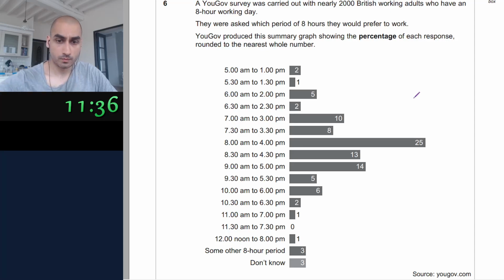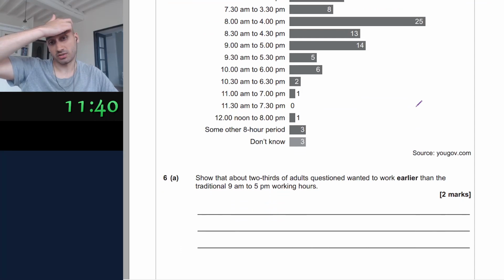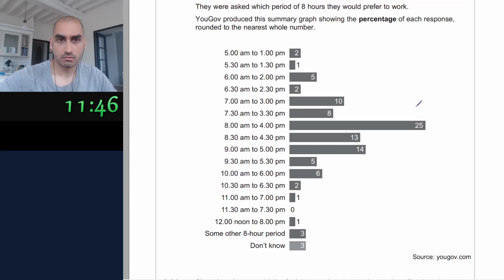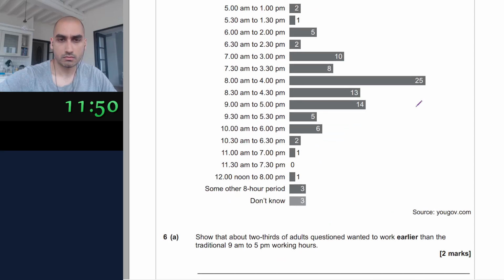Show that about 2/3 of adults questioned wanted to work earlier than the traditional 9 a.m. to 5 p.m. working hours. So we go from here to here.